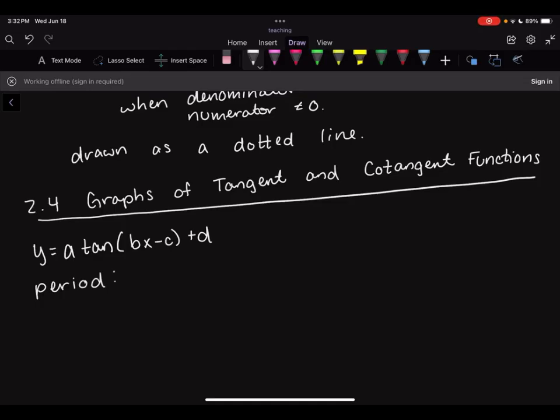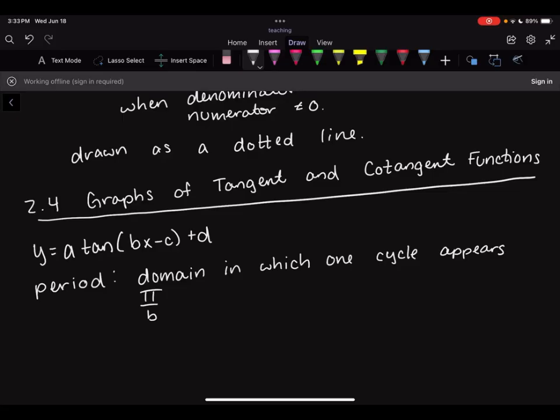So the period, I'll remind you of what that is. This is the domain in which one cycle appears. And for tangent, it's going to be pi over b.